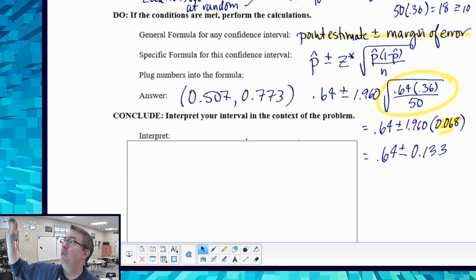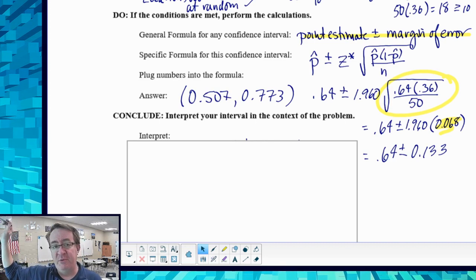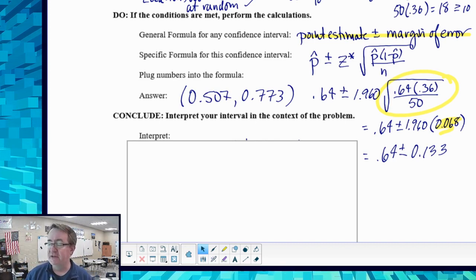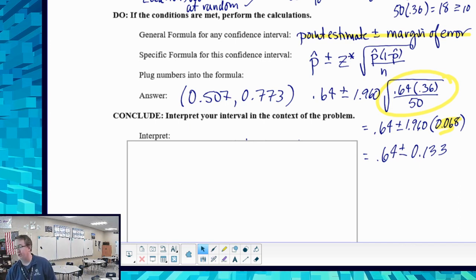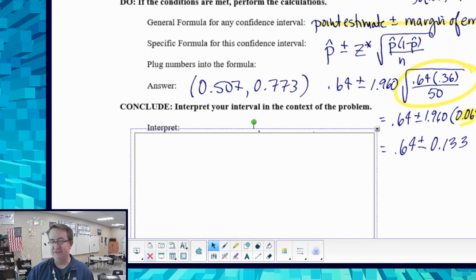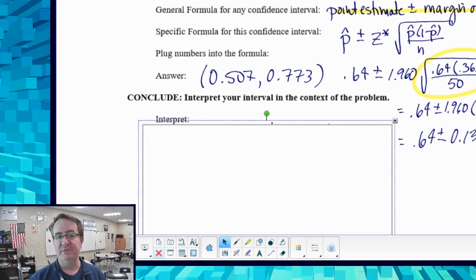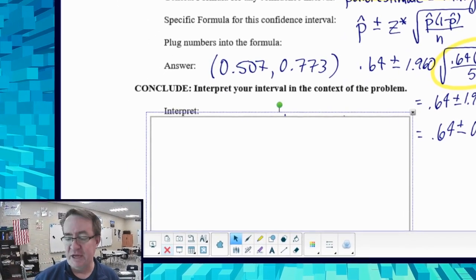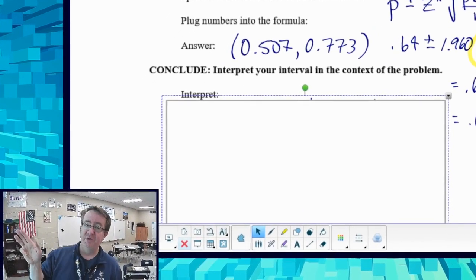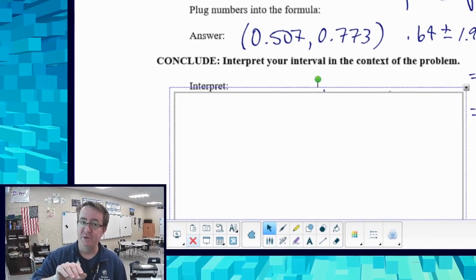So we stated what we're going to do. We planned what we did. We did it. So now, just like a good essay in English, you're going to interpret what we did. And here's your interpretation. This is going to be the phrase that pays for most of your testing. Usually on the AP test, it's either going to be a confidence interval or a significance test, which we'll get to in a bit.